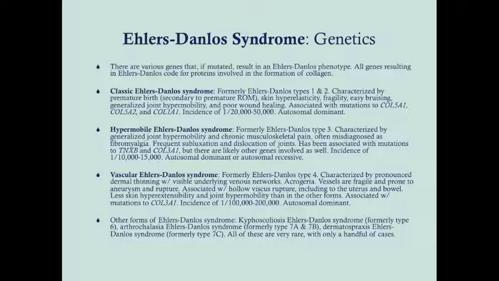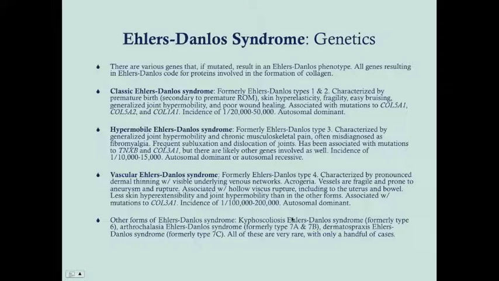This is also associated with hollow viscus rupture, particularly including the uterus and the bowel. And this is associated with less skin hyperextensibility and joint hypermobility than in the other forms. And this is highly associated with mutation to COL3A1. The incidence is about 1 in 100 to 200,000, and this is also an autosomal dominant inheritance.